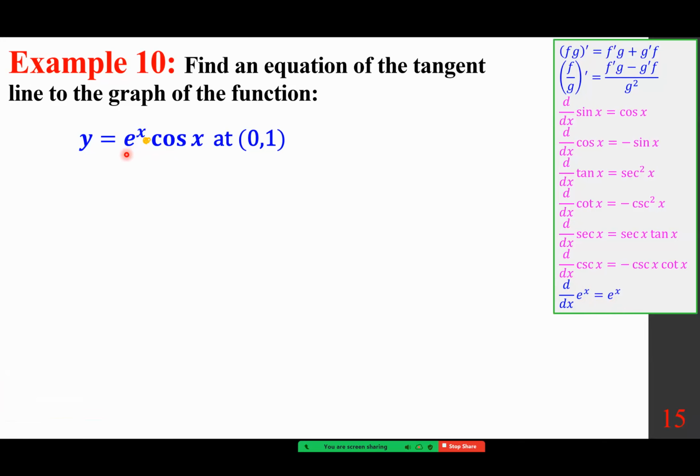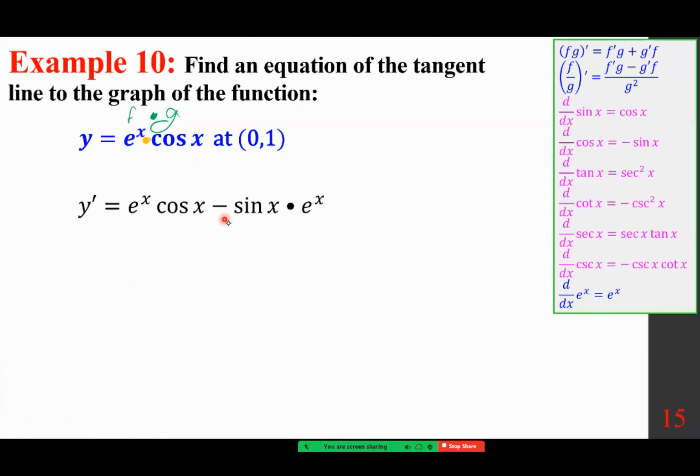So we are looking at f prime g plus f g prime, where f is e to the power of x and g is cosine x. So we want f prime, which is e to the power of x, times g, cosine x, plus g prime. Now, the derivative of cosine is negative sine. So plus negative sine times e to the power of x.